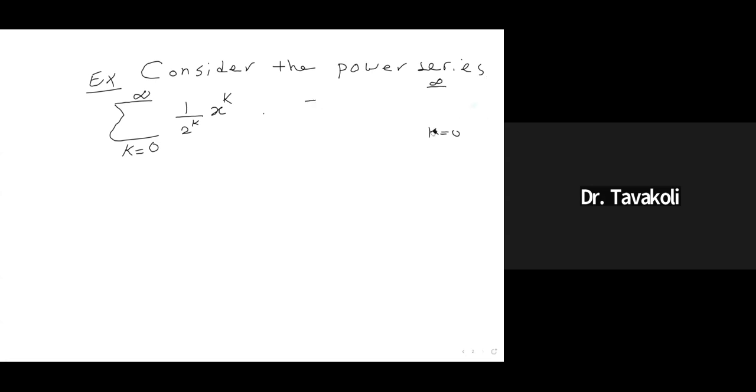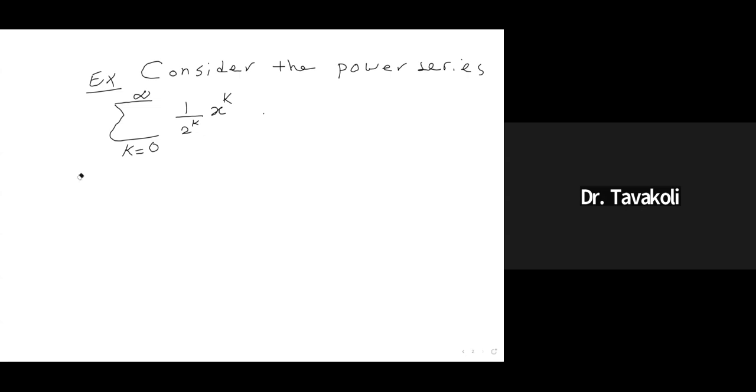So here, one question that arises, since we have a variable, is for what values of x does the power series converge? And those values of x form an interval, and that's called the interval of convergence.